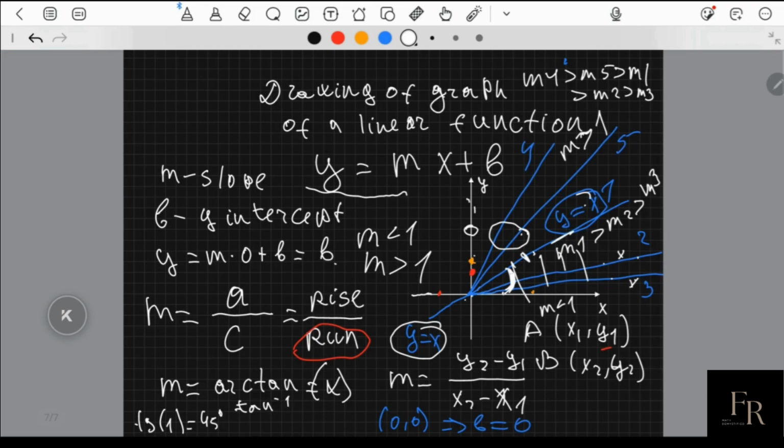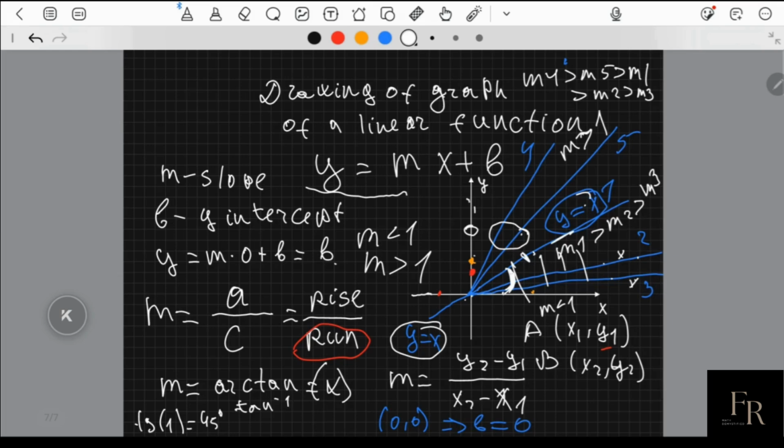So I believe in this lesson we have covered enough so you can get a lot of details about m, slope, and intercept just by looking at the graph.